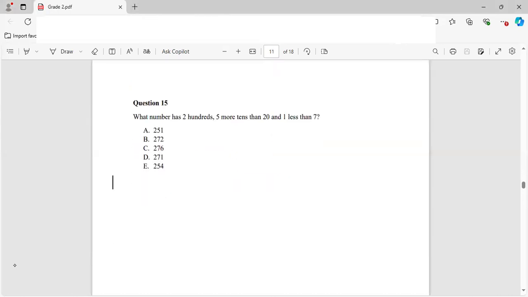Question number 15. What number has 2 hundreds and 5 more tens than 20 and 1 less than 7? So 5 more tens is 20 plus 50, which is 70, and 1 less than 7, which is 6.